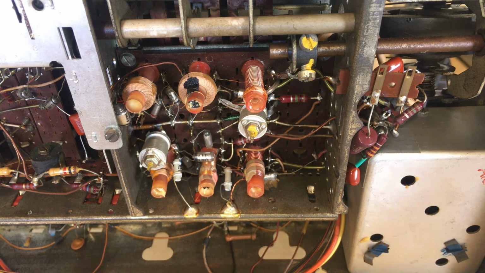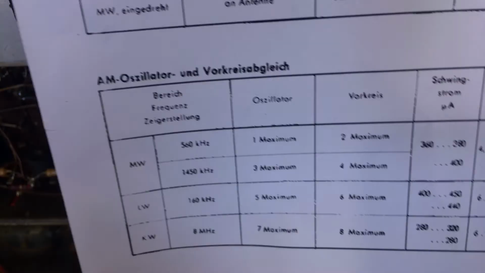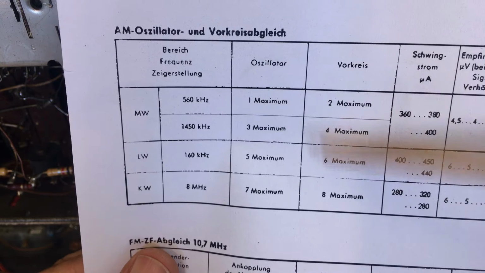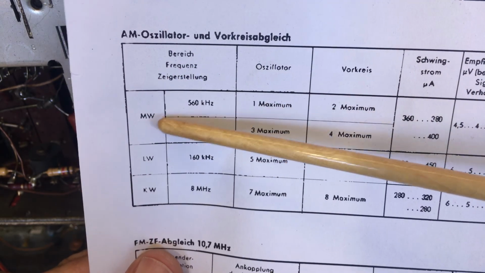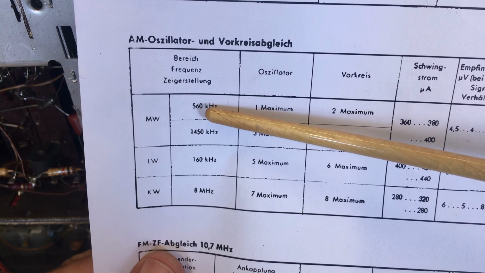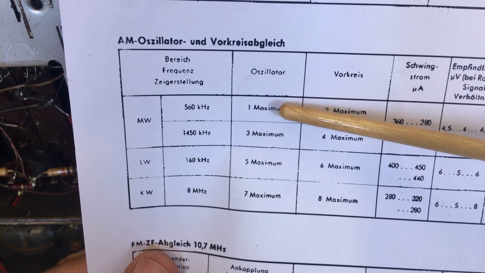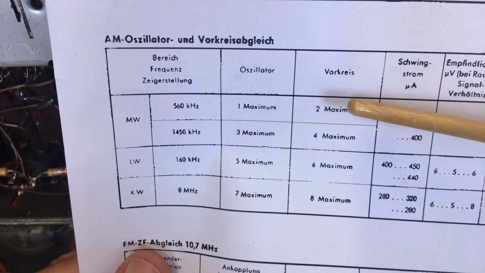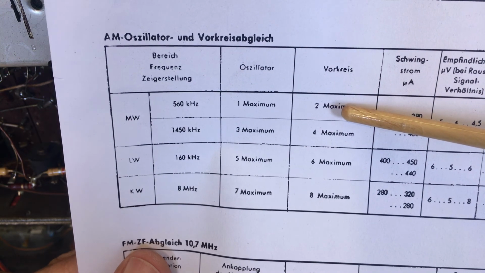Now let's see what it is we want to do. We're going to do the AM alignment, RF alignment, and we're going to start here on medium wave. Now what they tell you to do is set your frequency to 560 kilohertz, adjust the oscillator to maximum and the antenna circuit to maximum.